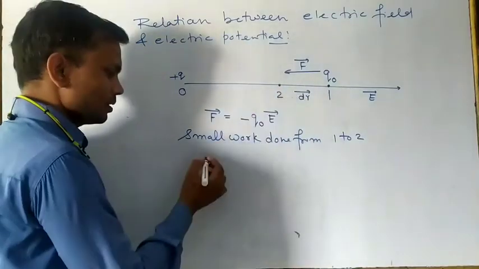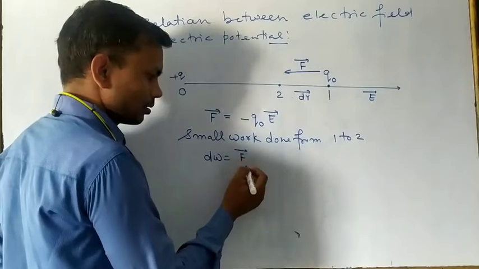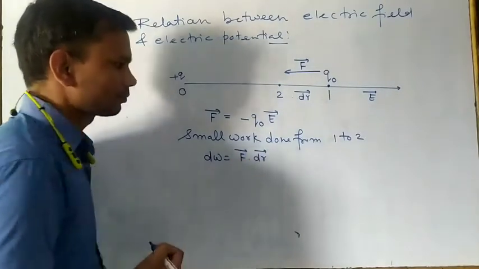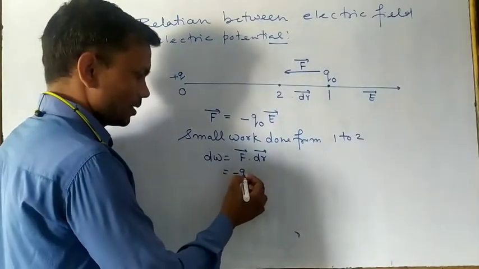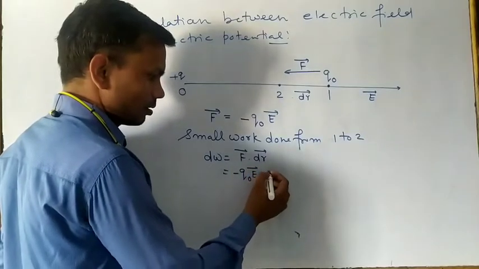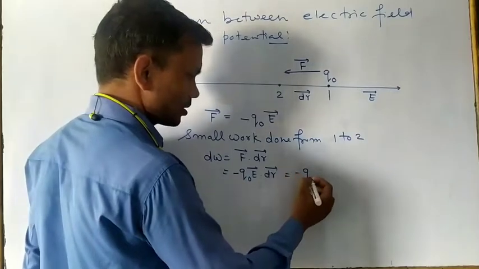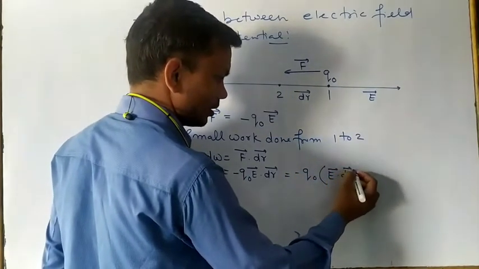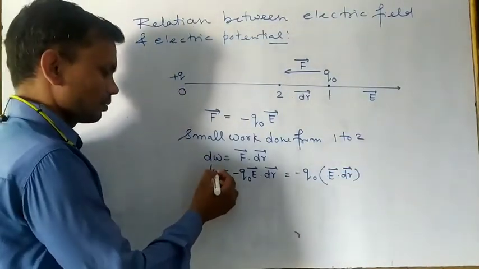So dW is equal to force times displacement, both vectors. And vector F is minus Q naught vector E, dotted with dr. Or we can write dW equals minus Q naught, vector E dot vector dr. This is the small work done. Call this equation 1.